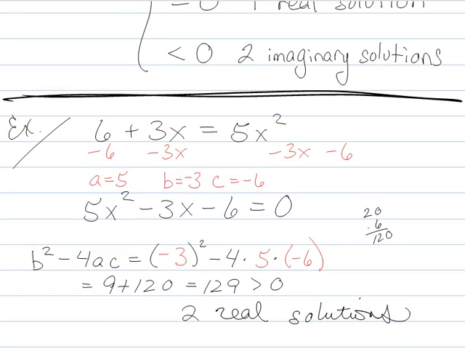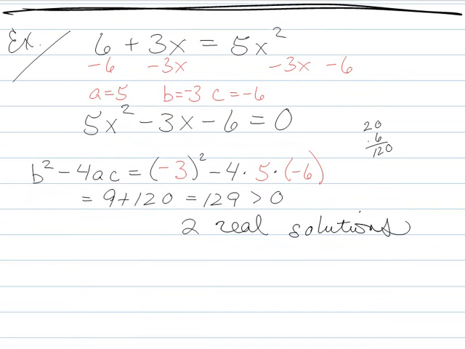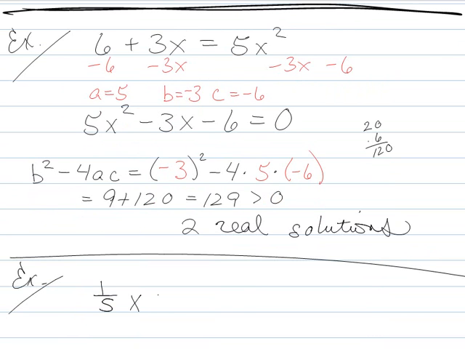If you have a problem that has fractions, like, say I had something like, I don't know, 1/5 equals 1/20 x squared plus 5, I don't know, fourths in general.